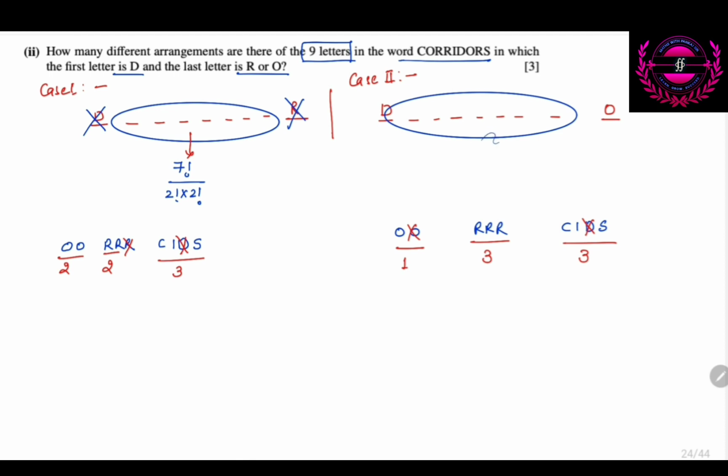So these can be arranged in how many ways? 7 factorial divided by 3 factorial for 3 R's which are repeating.